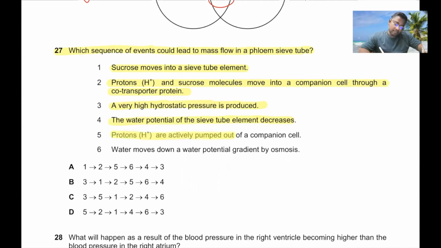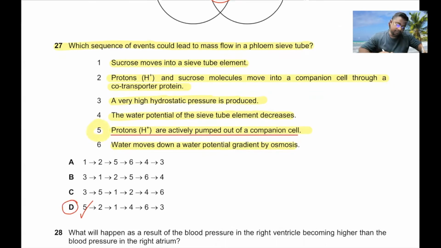Proton H plus ions are actively pumped out of a companion cell. Water moves down a water potential gradient by osmosis. We know from all of these activities, number 5 is the first activity that should be done. H protons are actively pumped out of a companion cell. So if 5 is the first statement, then 5, 2, 1, 4, 6, 3 should be the correct answer. 27D is the correct answer.